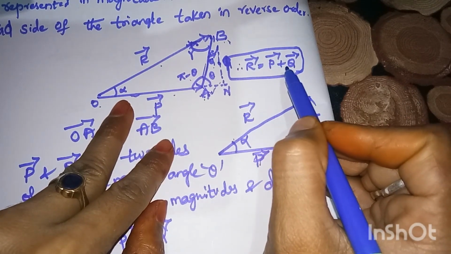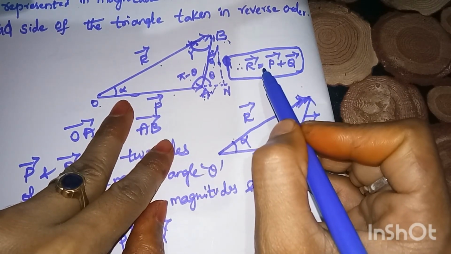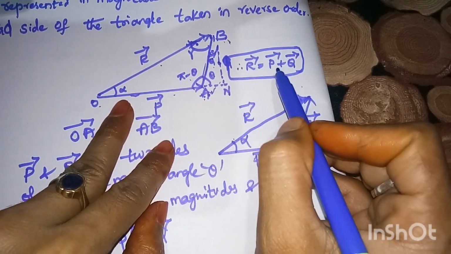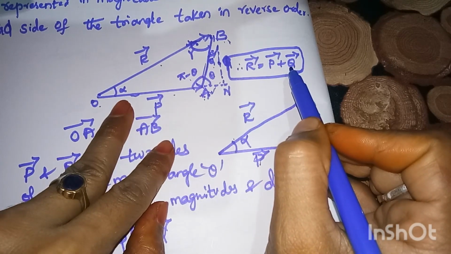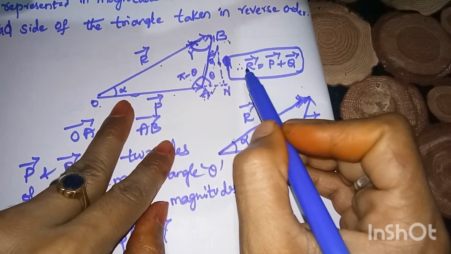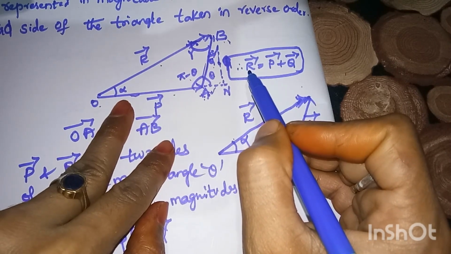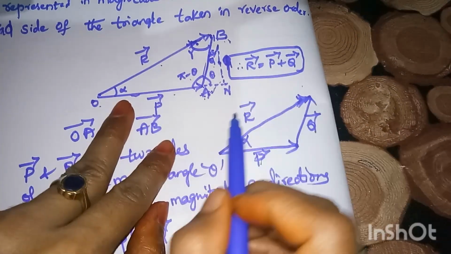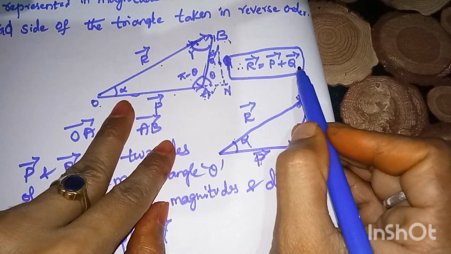The two sides of the triangle with magnitude and direction are equal to the third side of the triangle with magnitude and direction, that is in reverse order. So R bar equals P bar plus Q bar.